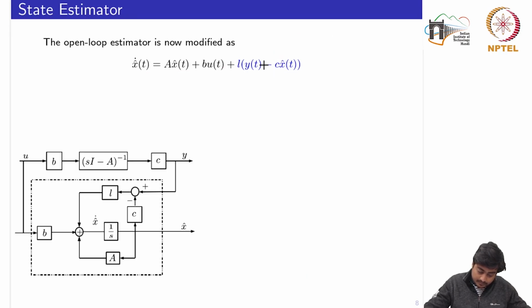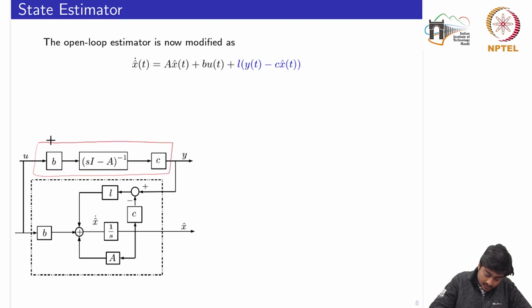estimator. So if I see its construction, this is the plant again. Now I have written it by using the complex variable s in the frequency domain. If we do not have this part L C here, in the open loop estimator we were using this part and only this part.